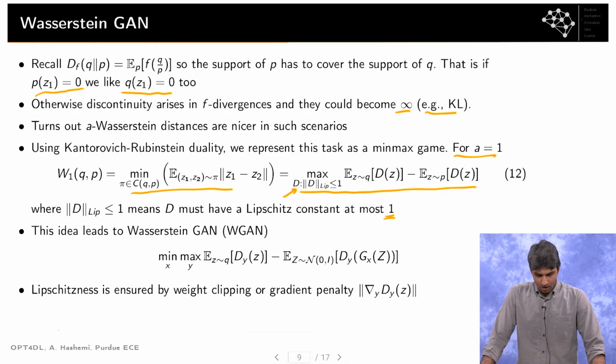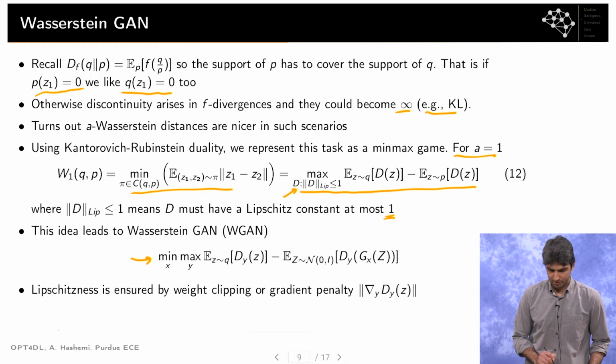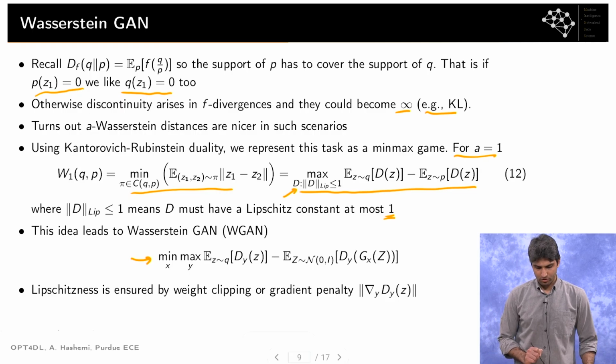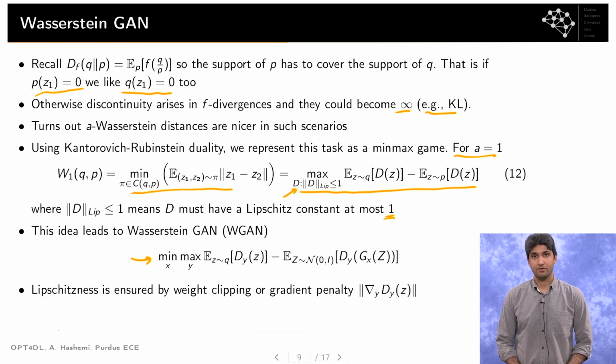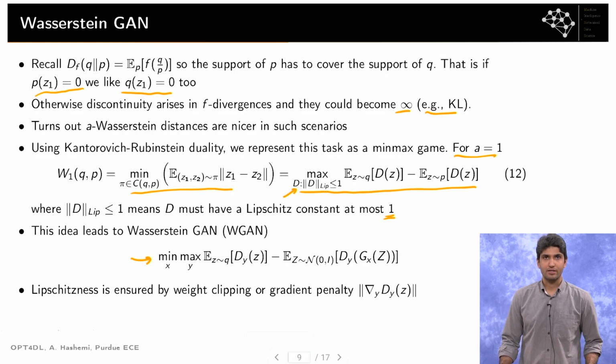Okay. Now in practice, what do we do? We basically ignore this constraint, let's say, and we're going to solve the min-max task given in equation 13, and we're going to leverage the fact that we must have Lipschitz constant which is less than 1 by incorporating techniques such as weight clipping or introducing gradient penalty.